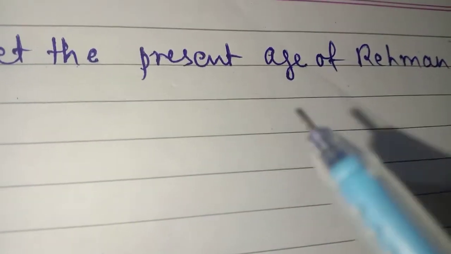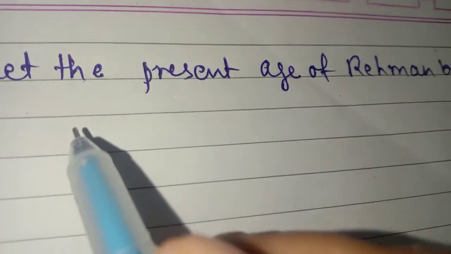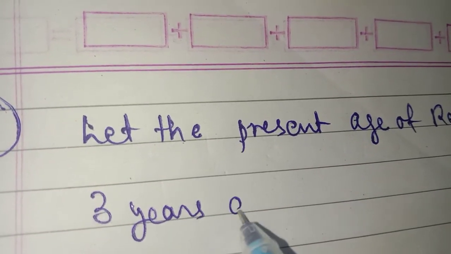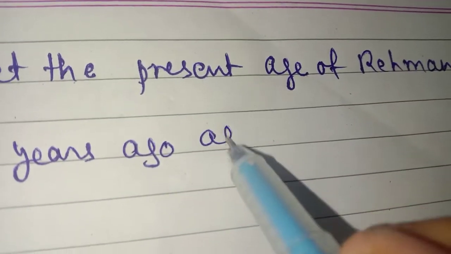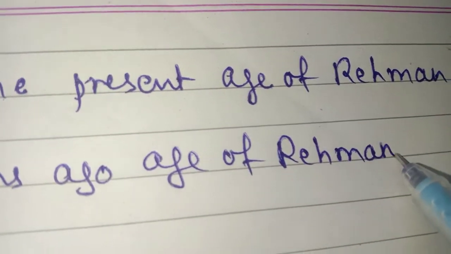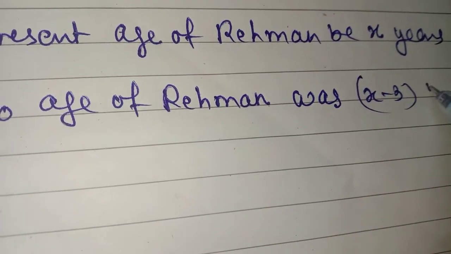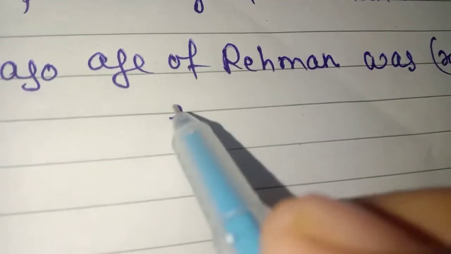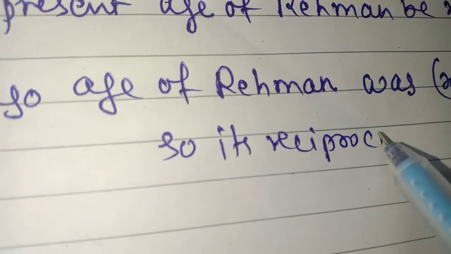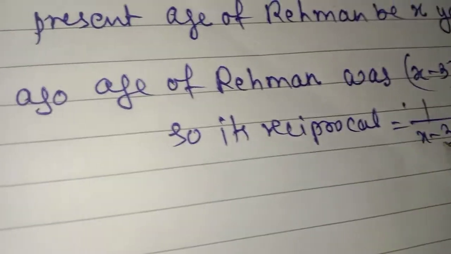It is given that 3 years ago, the age of Rahman was x minus 3, right? So its reciprocal will be 1 upon x minus 3.